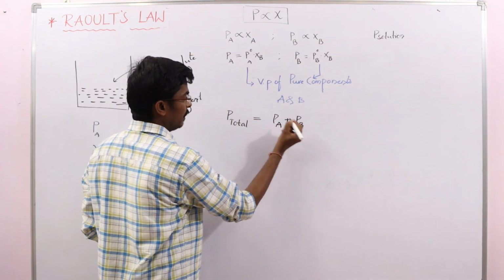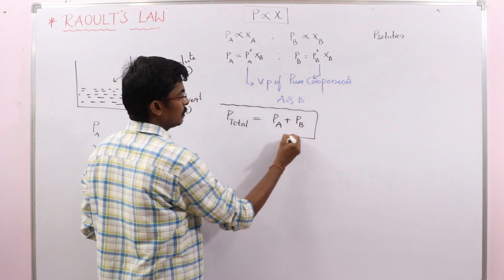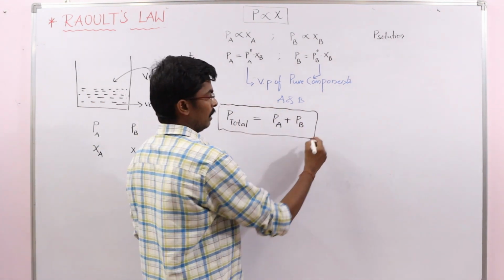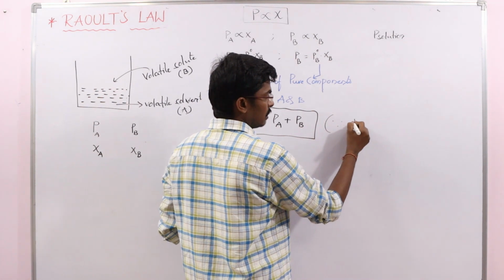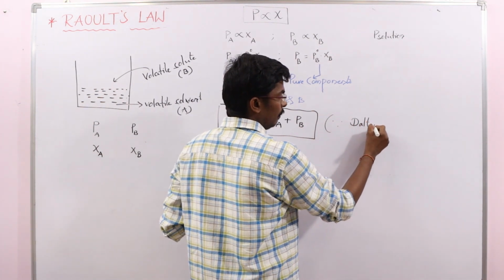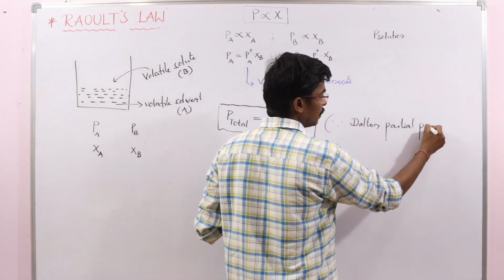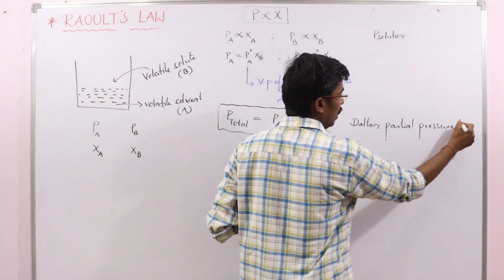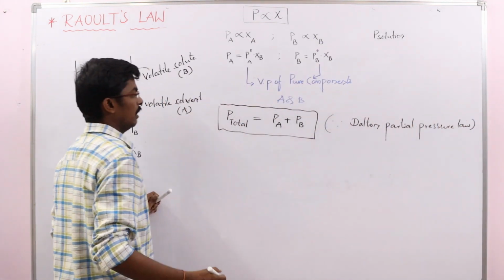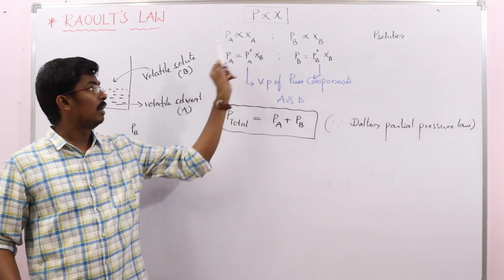So P total is equal to PA plus PB, as given by Dalton's law of partial pressures.